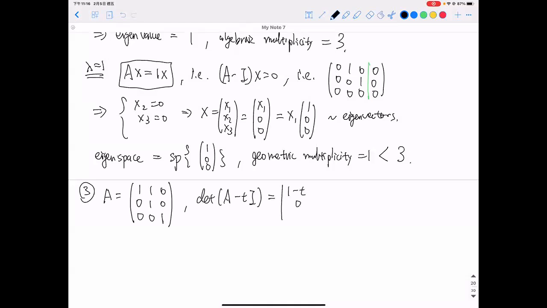You're looking at a simple example, because the determinant you need to compute is that of an upper triangular matrix. So the determinant is simply the product of the diagonal entries. So you get (1 minus t) to the third power. And from this, you can immediately read off the eigenvalue. There's only one, it's just 1. Algebraic multiplicity 3.